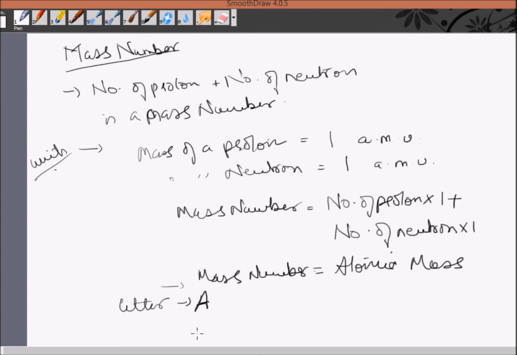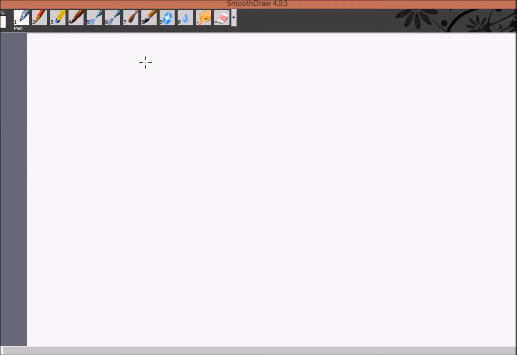Now we will derive a relationship between the mass number and the atomic number of the element. Here we have the mass number, which is the number of protons plus the number of neutrons.